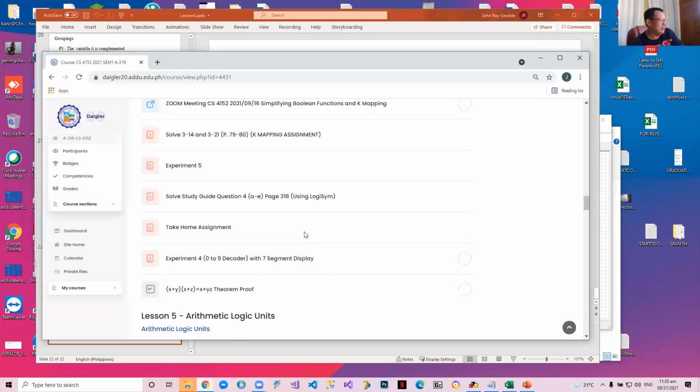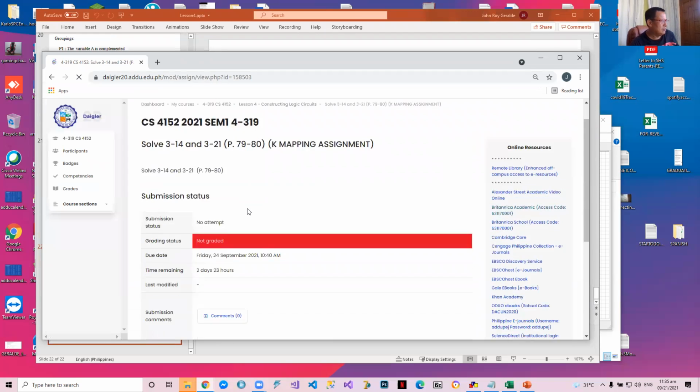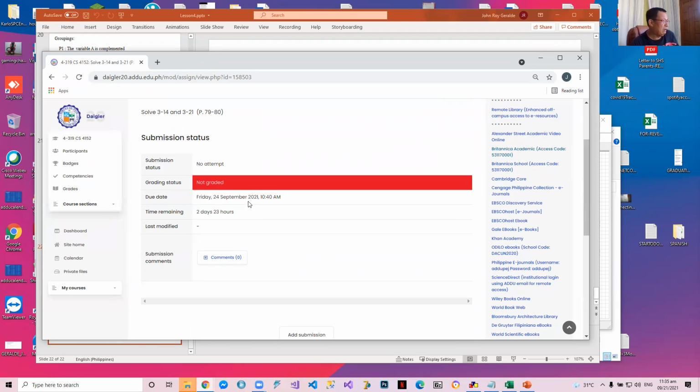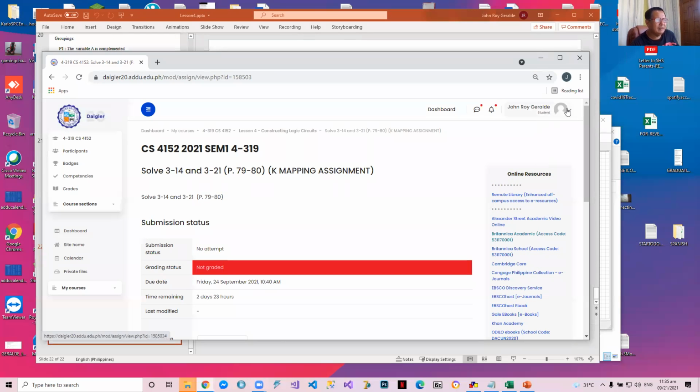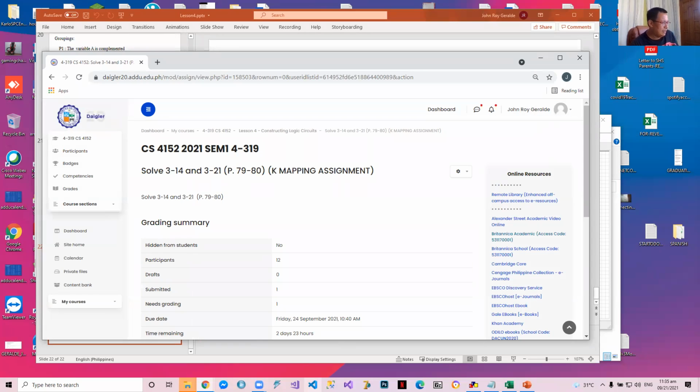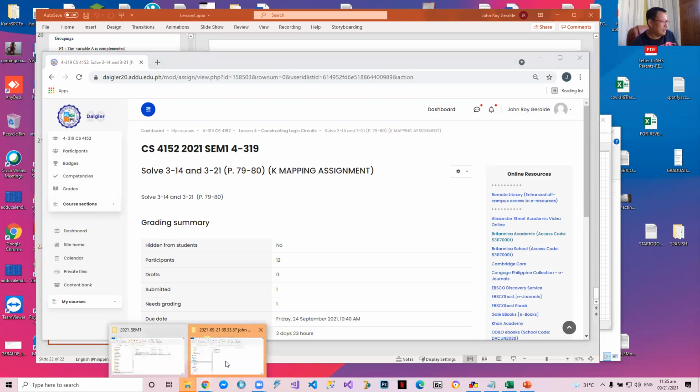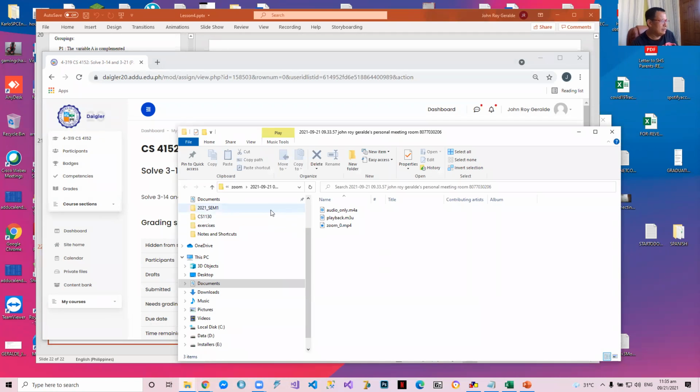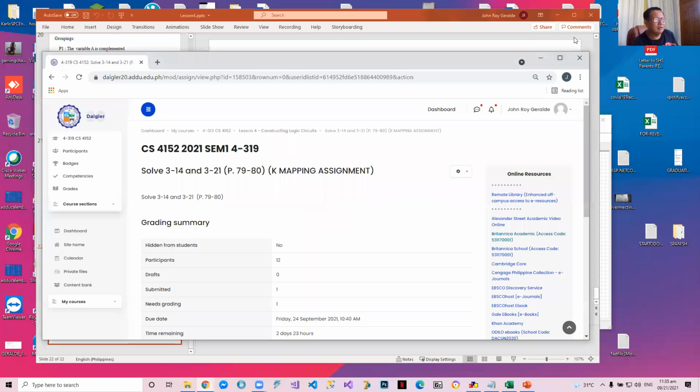I also have written it here anyway, no? So wala pala. No attempt yet. You solve this, okay? Using the example 79 and 80. Let's look at that, no? 3-14 and 3-21. Okay. Naputol pala yung aking ano. First, anyway, we'll upload the second. We recorded this anyway.